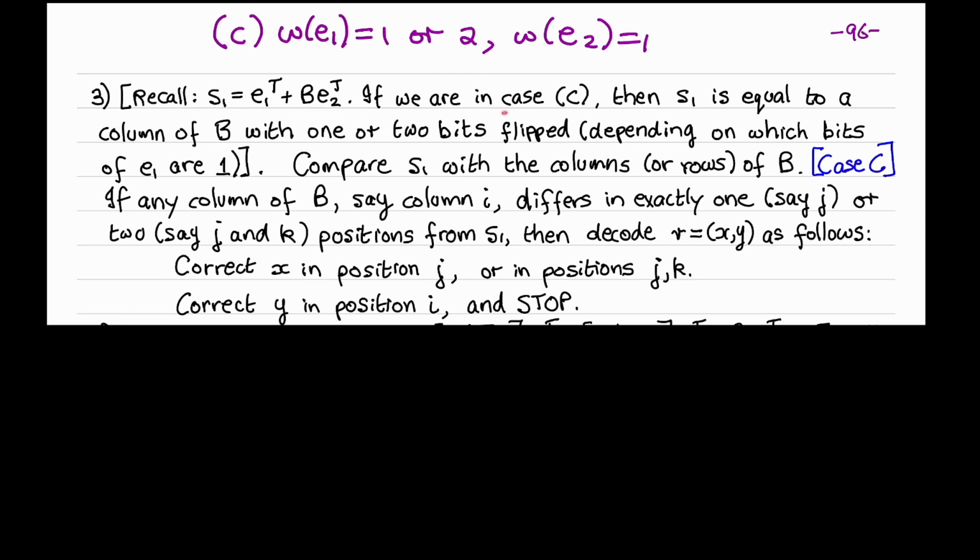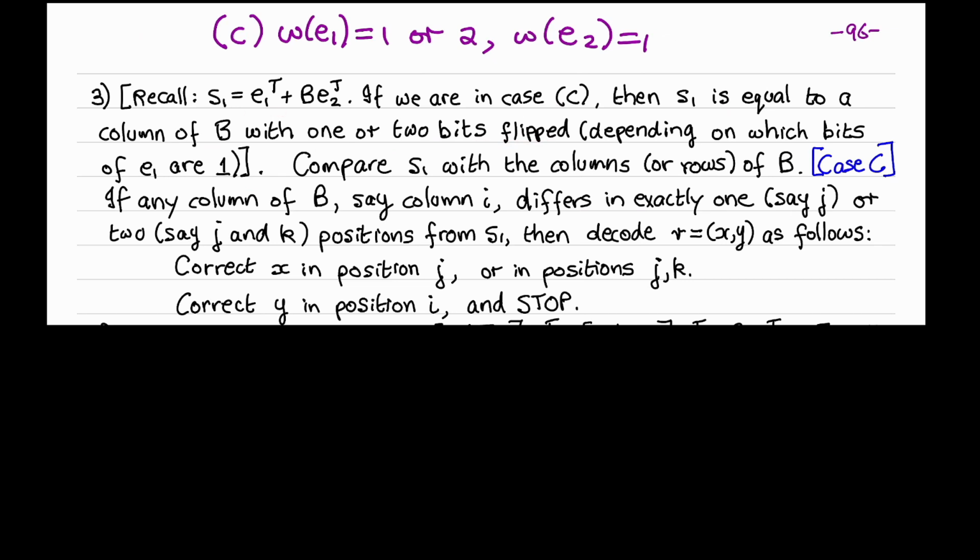If we are in case C, then B times E2 transpose is a single column of B, or a single row of B since B is symmetric. So S1 is equal to a single column of B with 1 or 2 bits flipped, depending on whether E1 has weight 1 or weight 2.